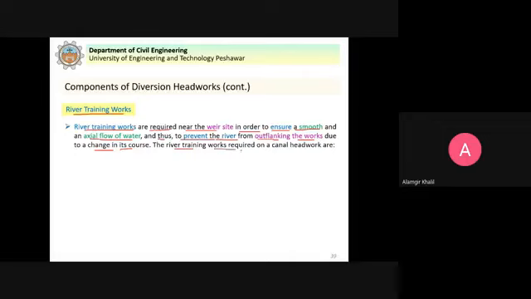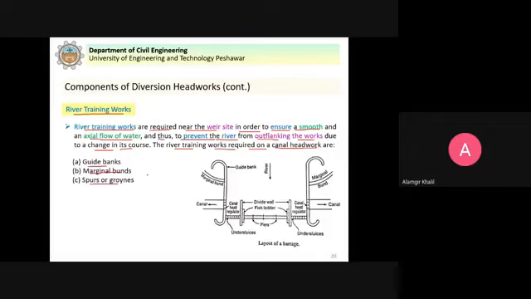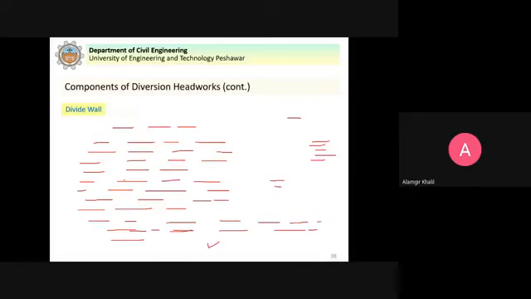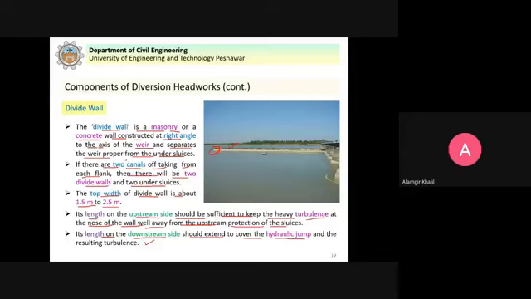The river training works required on canal headworks are guide banks, marginal bunds, spurs or groins. So you can see here, this is the figure layout of a barrage. As we studied about the divide wall, if there are two canals taking off from each flank, then there will be two divide walls and two undersluices.